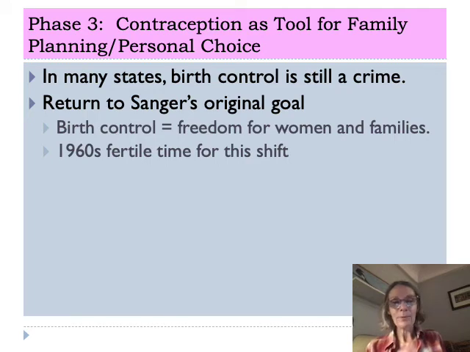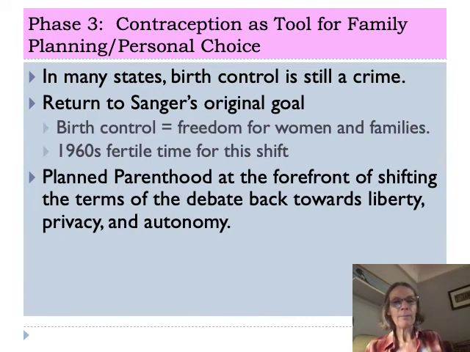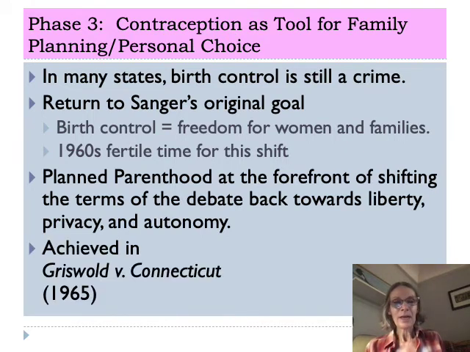The time period was right, the zeitgeist, so to speak, for these changes in policy. Planned Parenthood was at the forefront of shifting the terms of debate back towards liberty, privacy, and autonomy, and these Comstock Acts, both the federal Comstock Act and the state Comstock Acts, were deemed unconstitutional in the landmark case Griswold versus Connecticut. So let's take a quick look at that case.